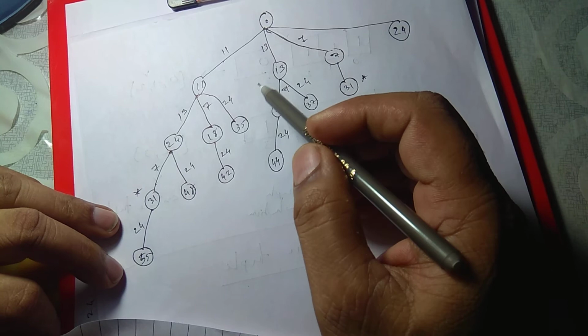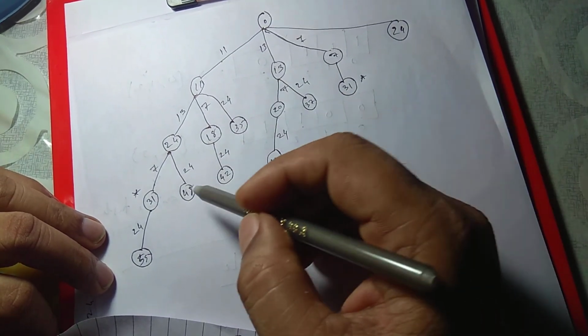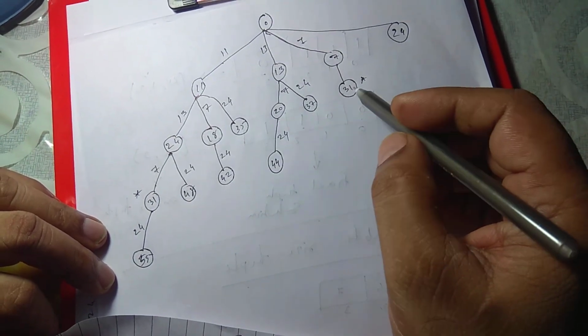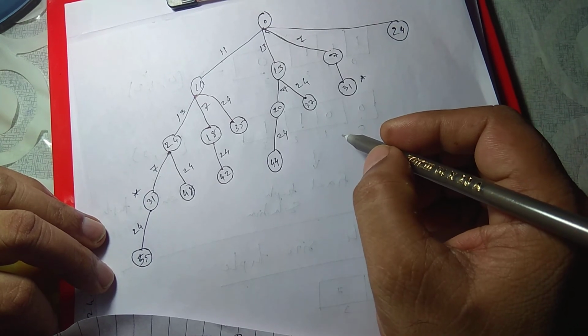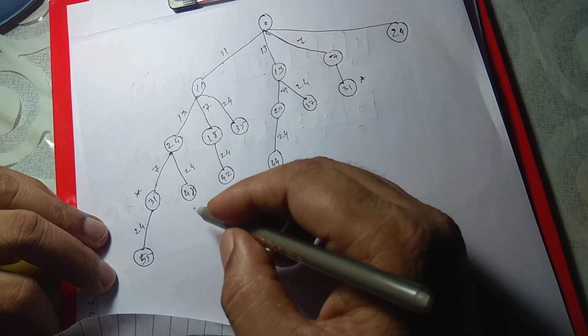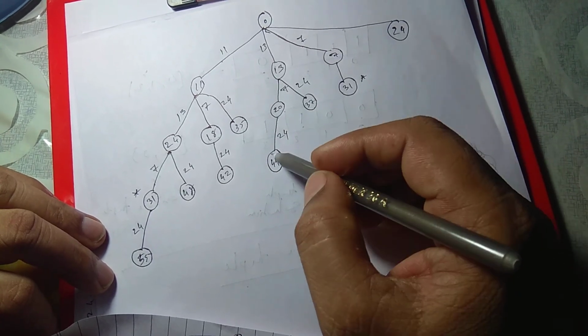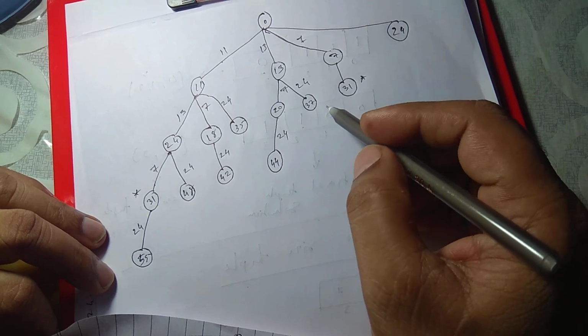This is actually the state space tree of variable size tuple formulation.